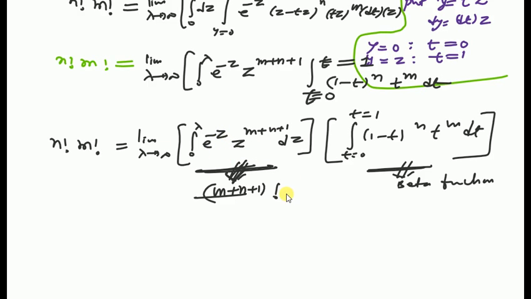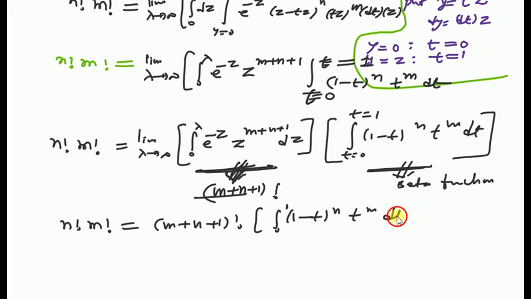Then substitute lambda equal to infinity, then we'll get that. So finally n factorial into m factorial is equal to m plus n plus 1 factorial into the integral from 0 to 1 of 1 minus t whole power n, t power m into dt. So this I already said.